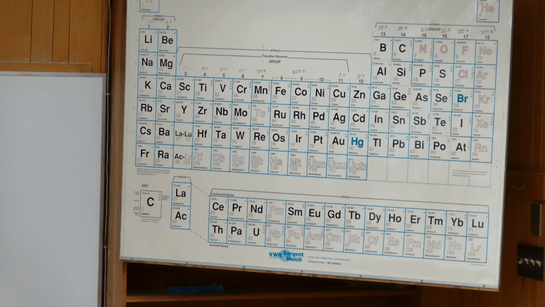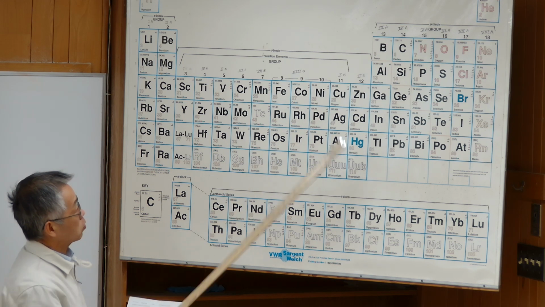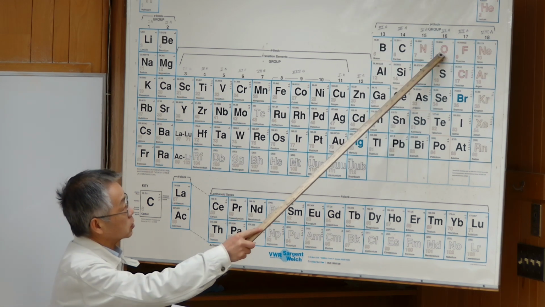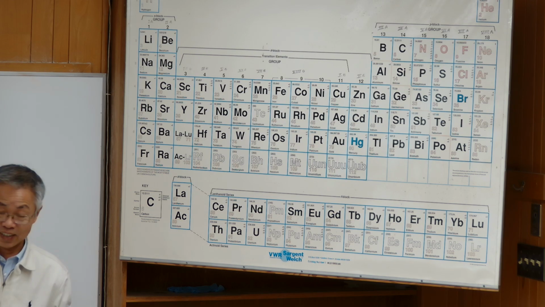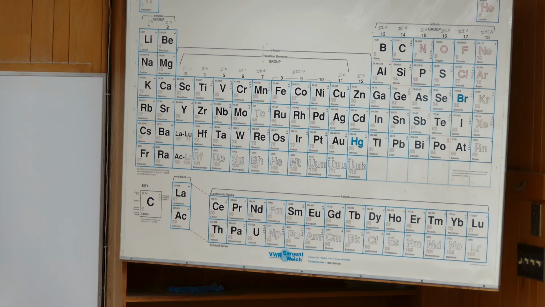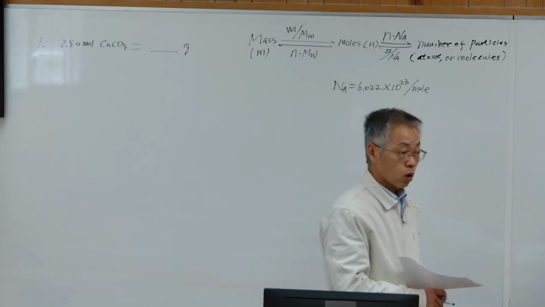Calcium carbonate is CaCO3. So calcium 40.08, C is 12.01, O is 16, and there are 3 O, so 16 times 3. Add all these together: 100.08.